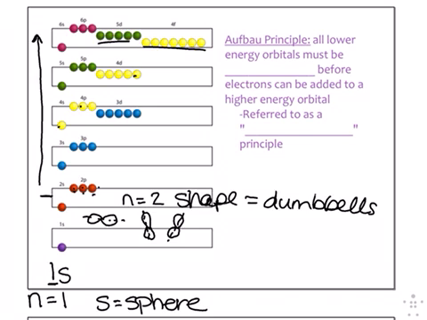So within each of these orbitals, like this one right here, what is the maximum number of electrons it can hold? 2. So this one can hold a maximum of 2. And I think in the video yesterday, I said that we either show them with circles or squares. And then when we fill in the electrons, we do it with arrows.